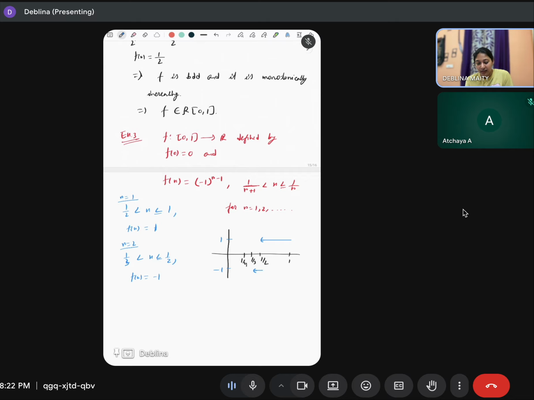Open at 1/3, and again from 1/4 to 1/3 it will be 1, and from 1/5 to 1/4 it will be -1, like this, right?